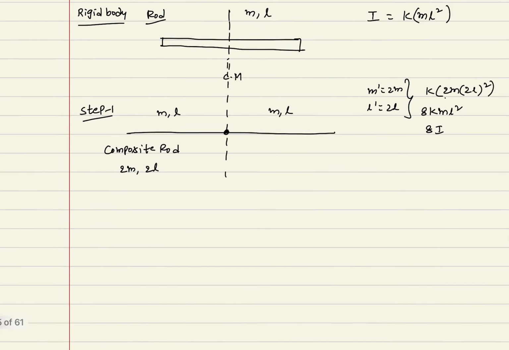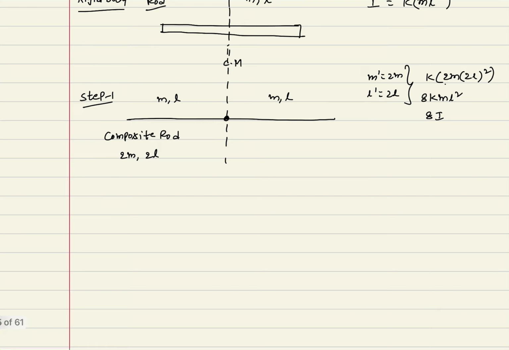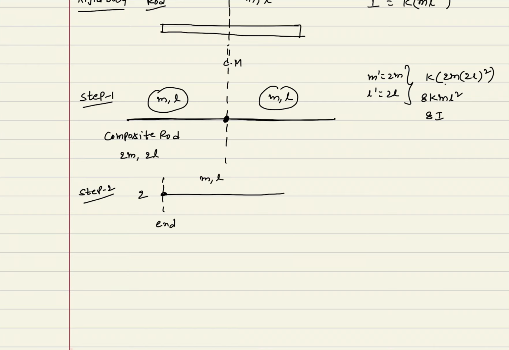If I write this moment of inertia in another manner, in step 2, I can treat this rod as two small rods having mass m, length l, about one end. So I am writing this as 2 times I dash.